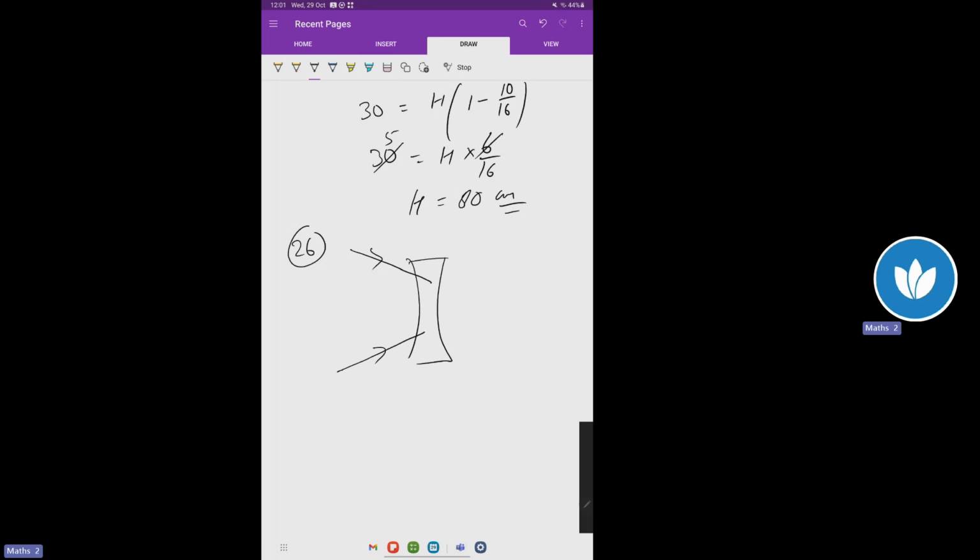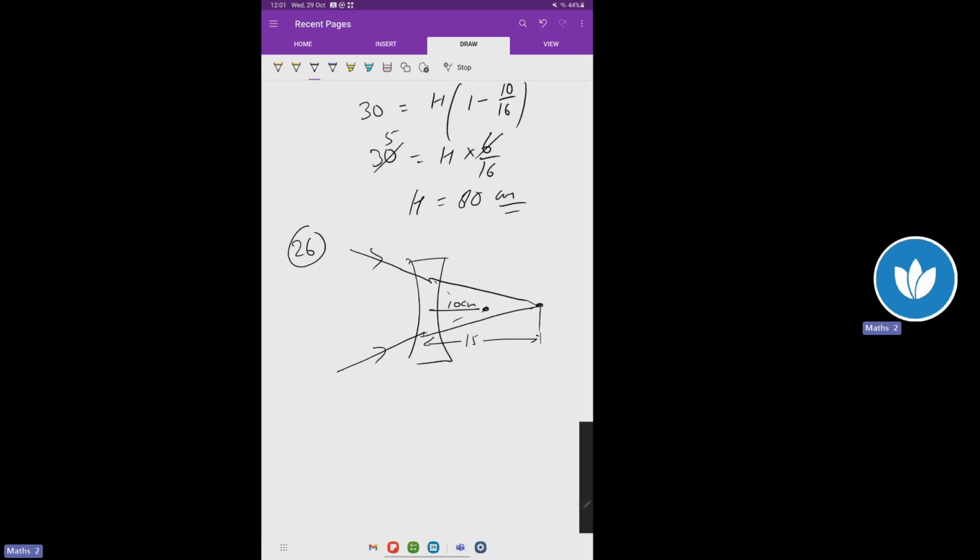After passing through the lens, the rays intersect at a point 15 centimeter from the lens. If the lens is removed, the point where the rays meet moves 5 centimeter closer. So this distance is actually 10 centimeter. Find the focal length of the lens.